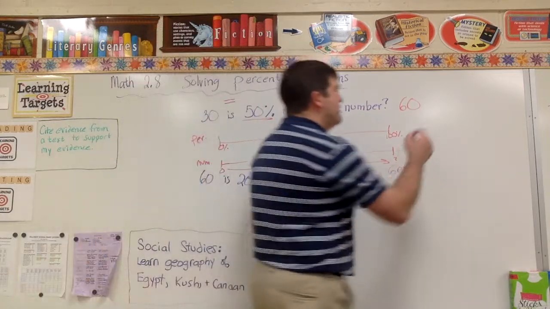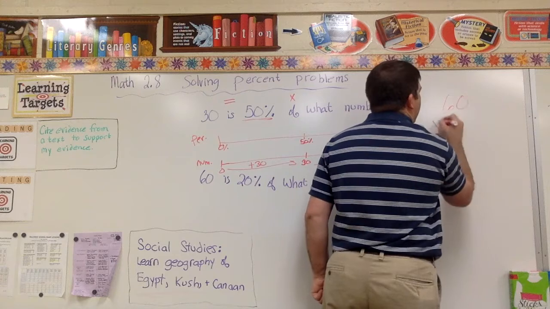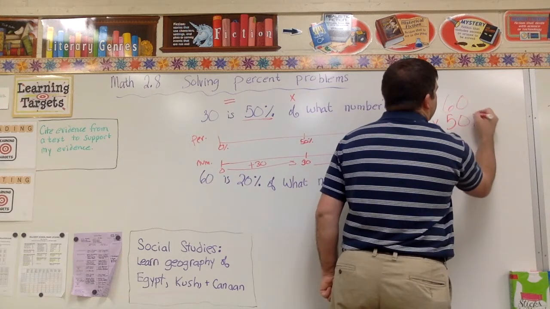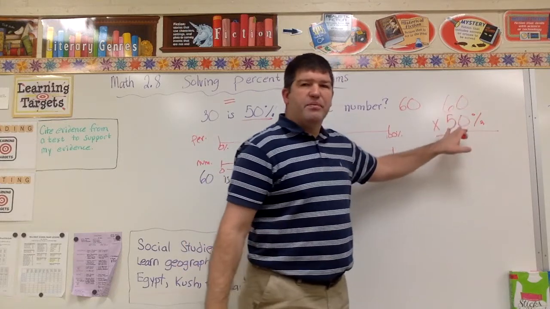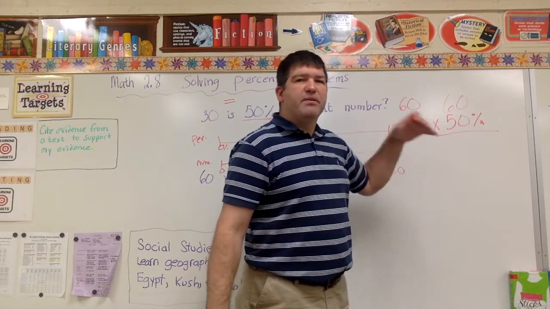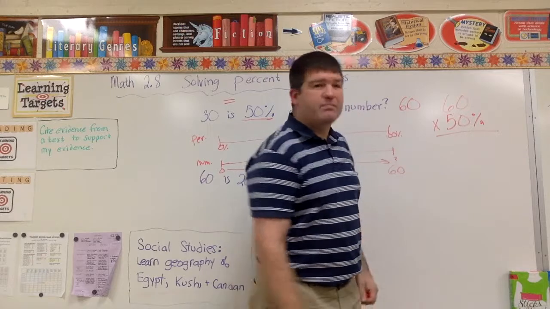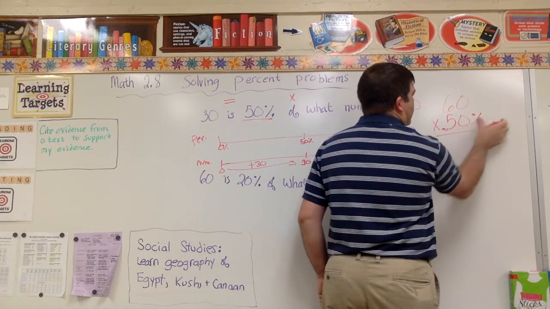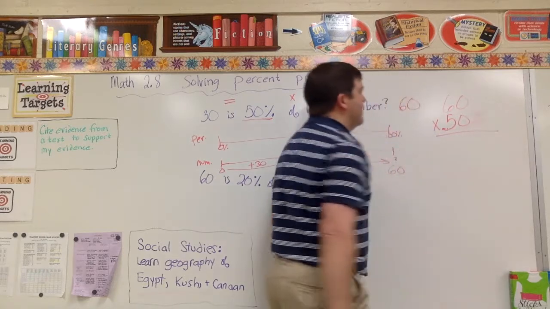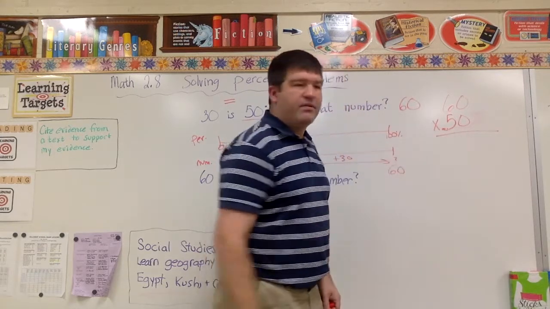Which, if I do 60 times 50%, I can't multiply it by a percent. It's much easier for me to take this percent to a decimal. 1, 2. Okay, 60 times 0.50.